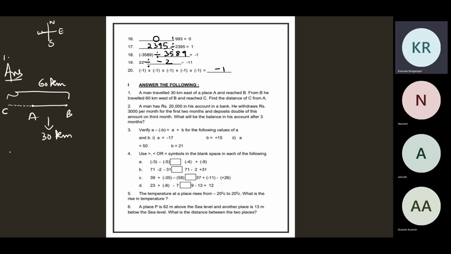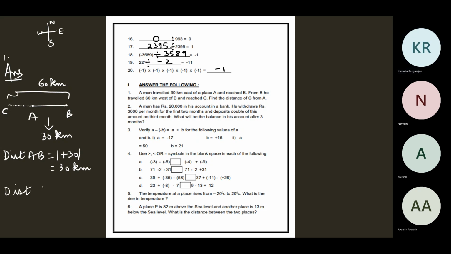So what is the distance AB? 30 kilometers. So distance AB is equal to the absolute value of 30 kilometers. What is the distance BC?